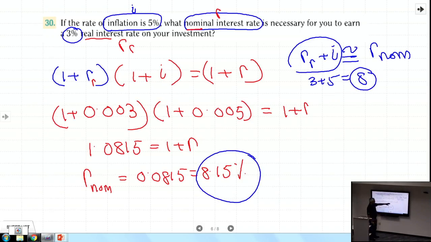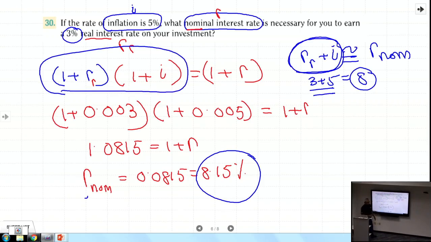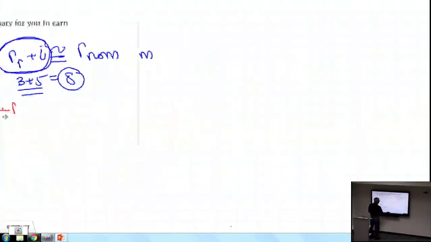So if inflation is very low, then we can get away with this approximation. But to calculate it in a more exact sense, we have to use the product formula to calculate the nominal interest rate. Okay, so that completes the tutorial for chapter 5.